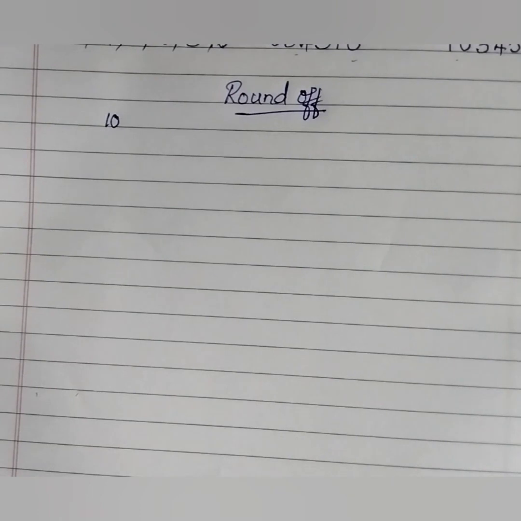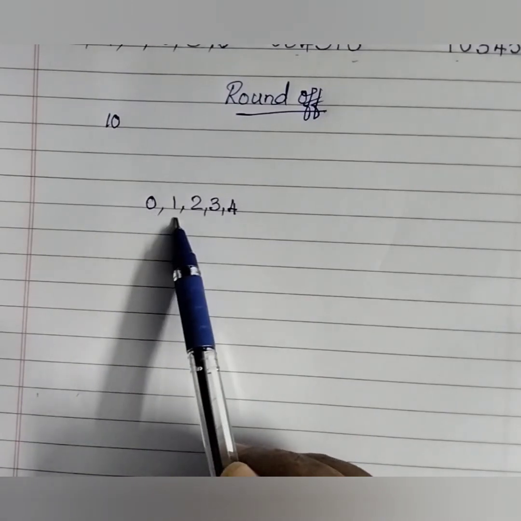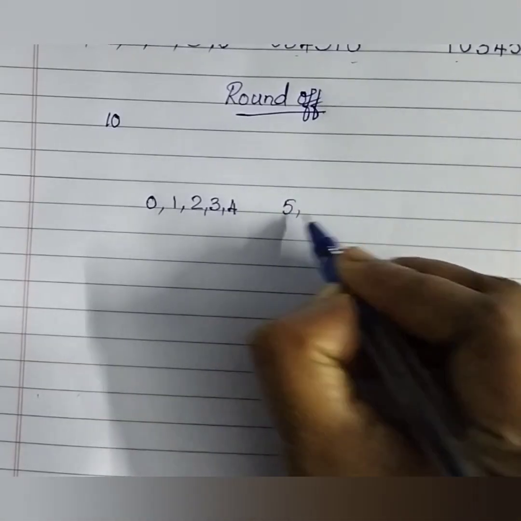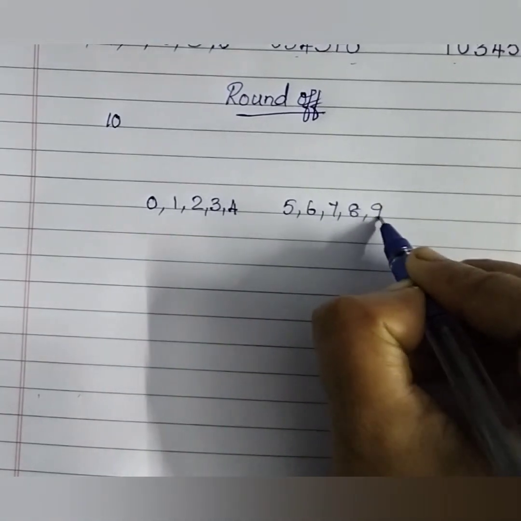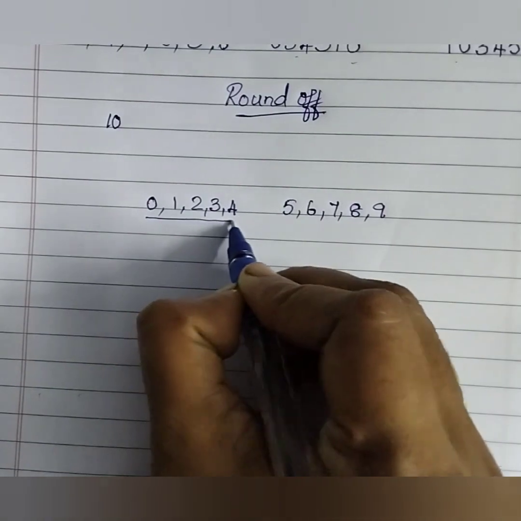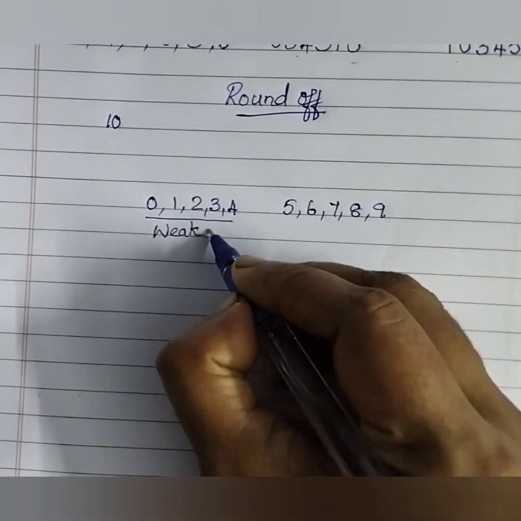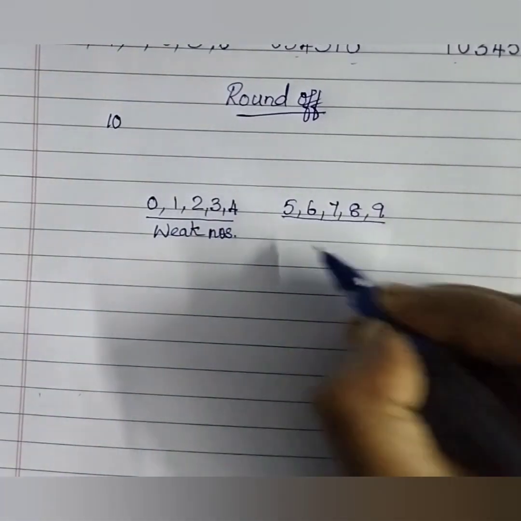Before that, you should know about these numbers 0, 1, 2, 3 and 4, 5, 6, 7, 8 and 9. We can divide them into two batches. First is weak numbers and the next batch strong numbers.